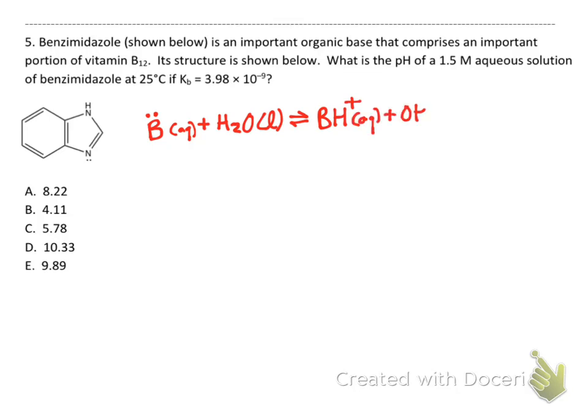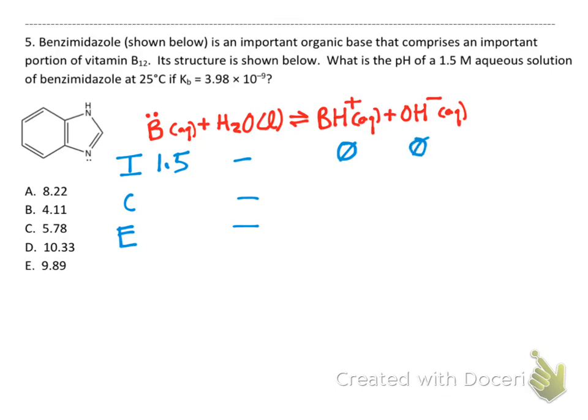and hydroxide. So now what we're going to do is we're going to write out our ICE, and we're going to plug in everything we know. So we know that we're starting with 1.5 molar of that. We don't have water. Well, water, we don't care. We love it. The conjugate acid, we have 0 of, unless told otherwise.